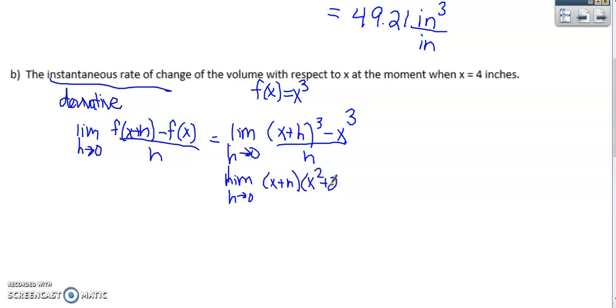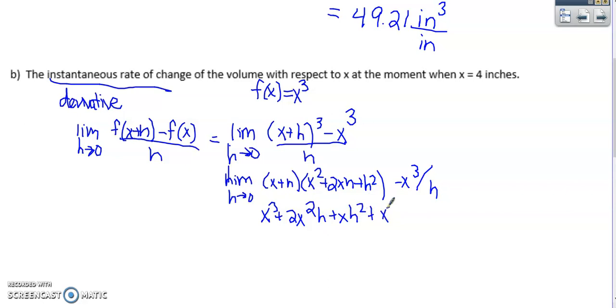X squared plus 2xh plus h squared. Subtracting my x cubed, I'm going to put divided by h to save a little space. Now I'm going to distribute in. I get x cubed plus 2x squared h plus xh squared plus x squared h plus 2xh squared plus h cubed.